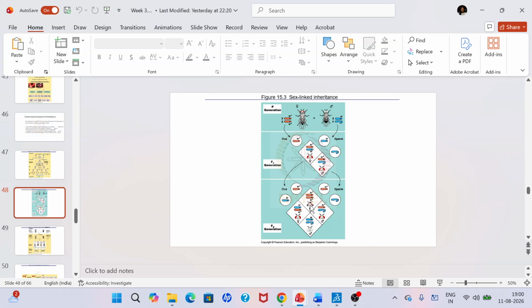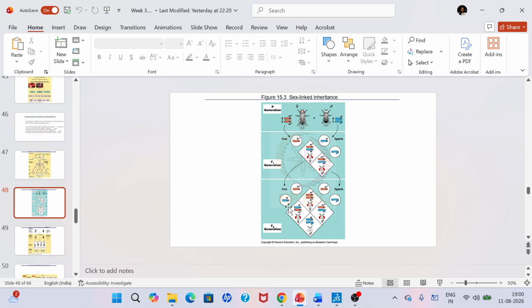But among the males, we got a white eyed male, because ova produced two kinds of gametes. So we got males in two combinations, one with a white eye and one with a red eye.